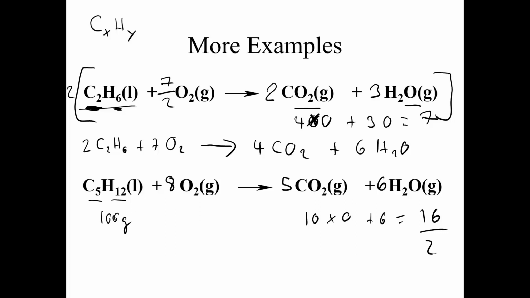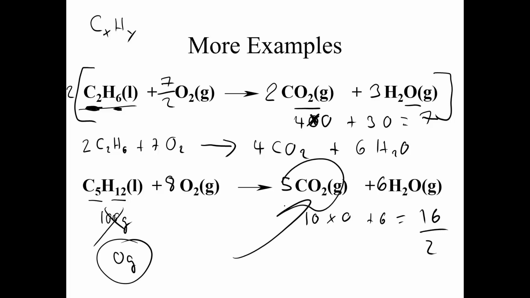When you are done with this reaction, you have 0 grams of it left. It's all burned. It all turned into carbon dioxide and water. It is a reaction that goes to completion. The same thing is true with a piece of iron that rusts. Once it's rusted, it doesn't go back.